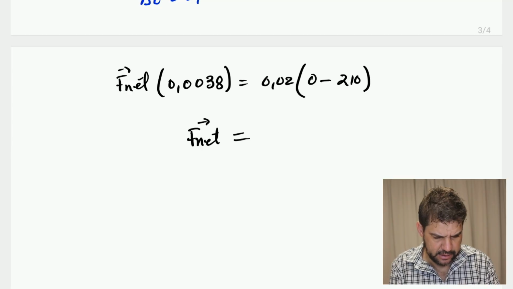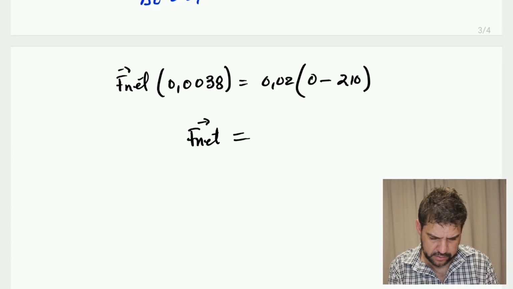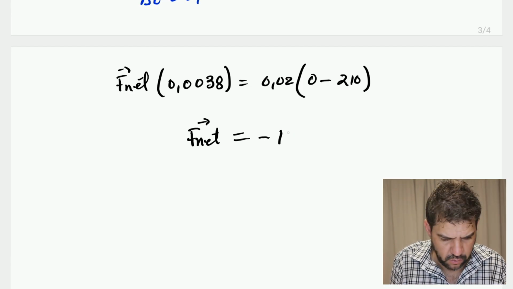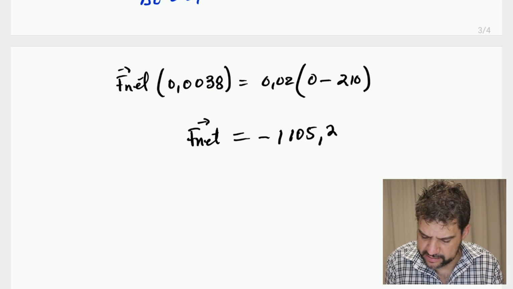0.0038, and I made a mistake here. 0.02 times 210 divided by 0.0038. You get that the answer is negative 1105.26 newtons.